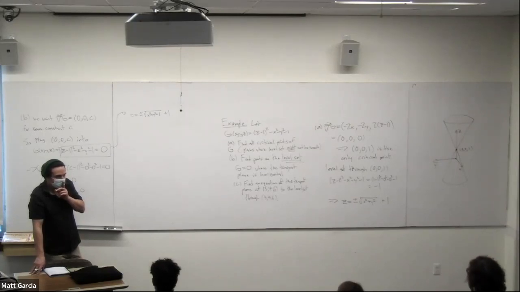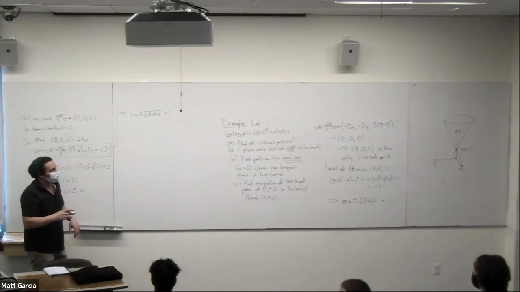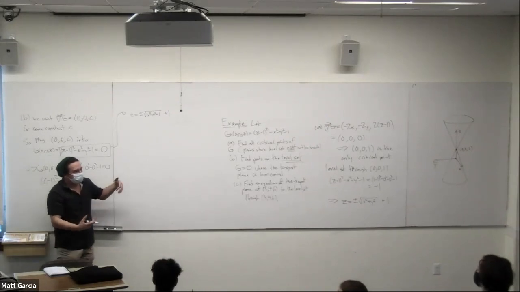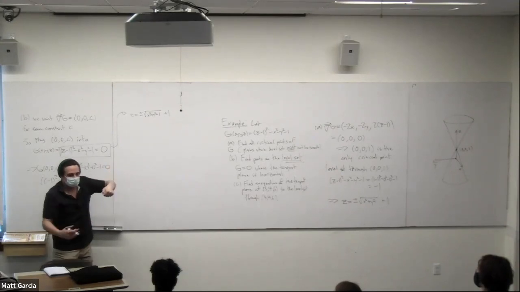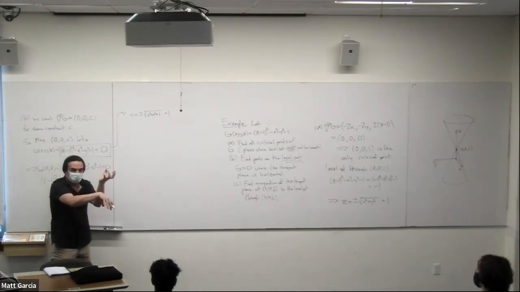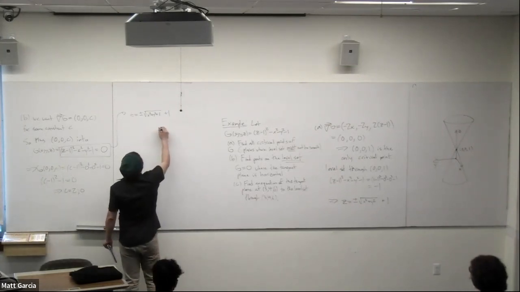This is actually a hyperboloid of two sheets. It's two semicircles with curvature, two bowls, one that opens up and one that opens down. Okay. So this is what the graph of this looks like.